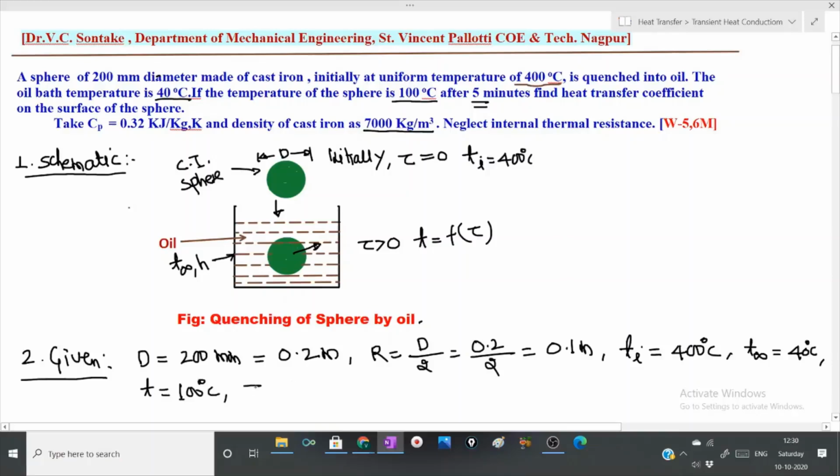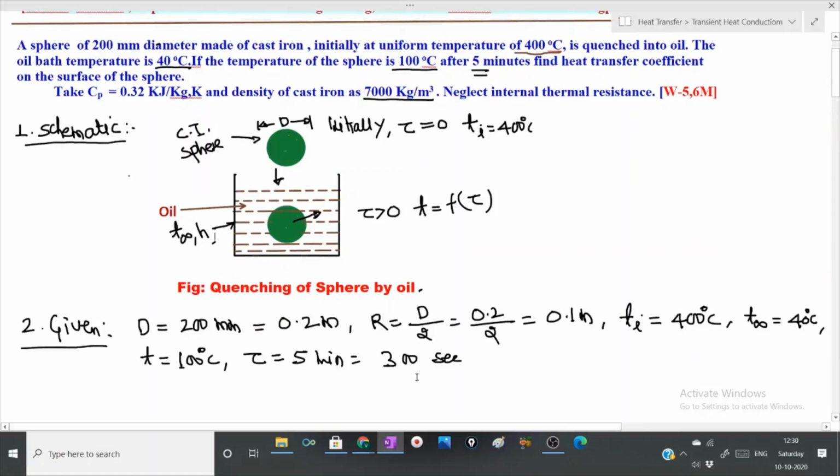And what is the time we are considering? 5 minutes. That is equal to 300 seconds. What you are supposed to find out? Find heat transfer coefficient on the surface of the sphere. That is, you are supposed to find out this h.